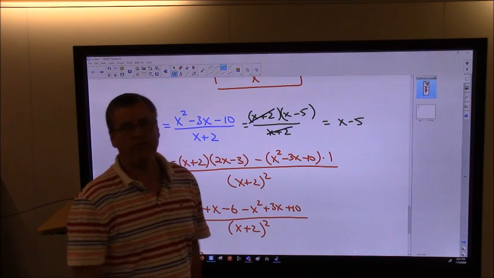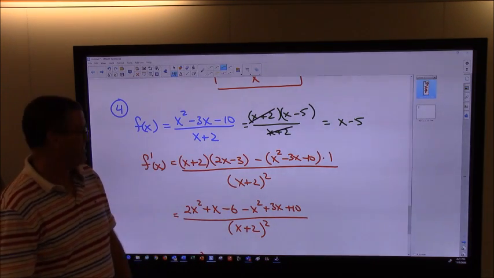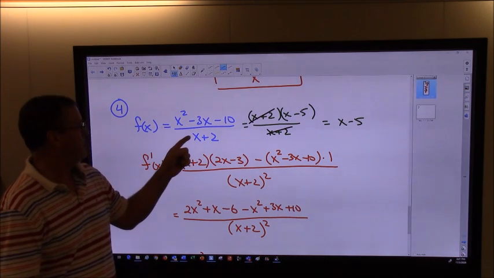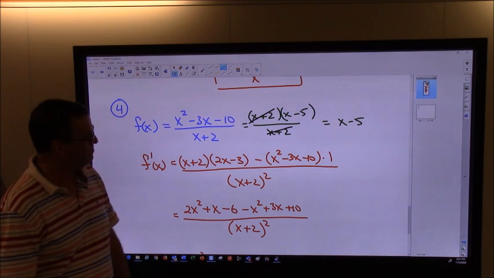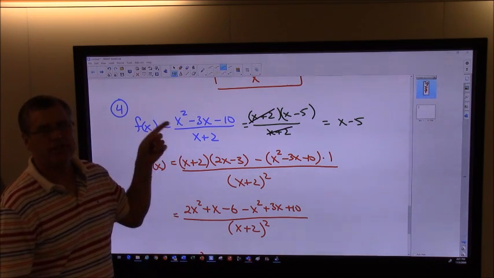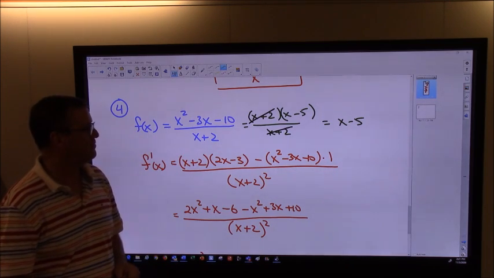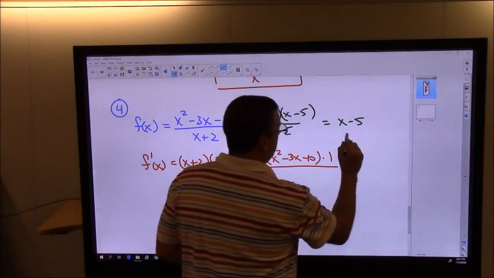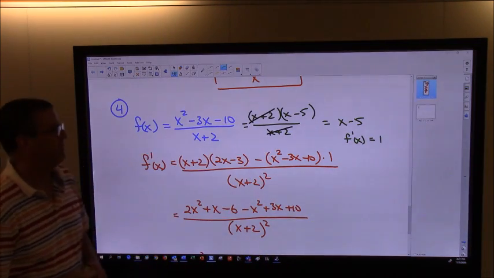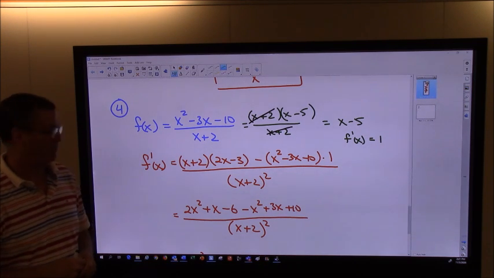And what's the derivative of that? 1. Yeah, we could have made this problem a little bit easier, right? Sometimes you see that, sometimes you don't. That happens. We go through all the work and we get something really simple. Usually that means I probably could have factored and canceled something in the beginning. So now here I could say f prime of x equals 1. And if you would have done it this way, I'd say, good job. You saw something that maybe the rest of us didn't see.